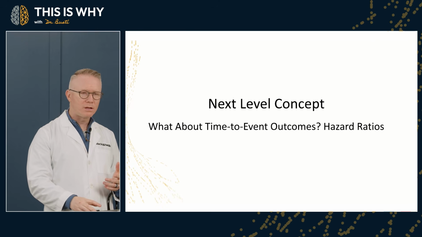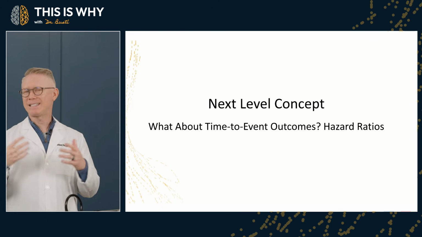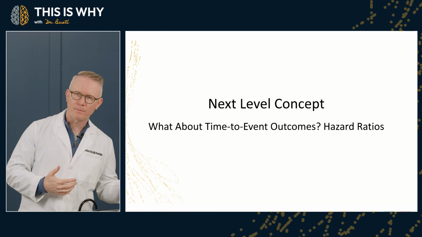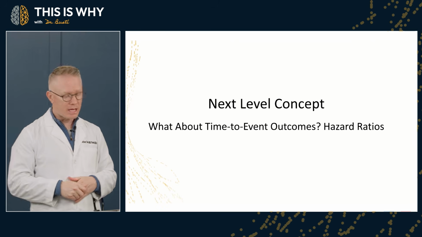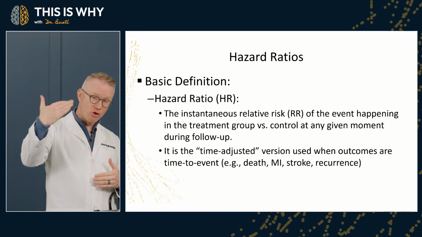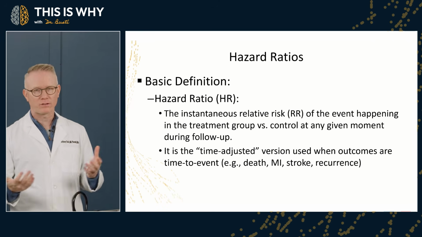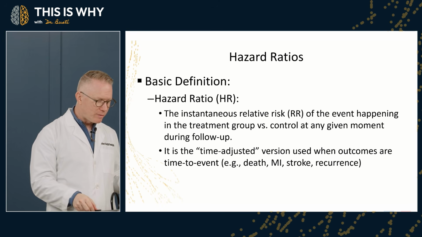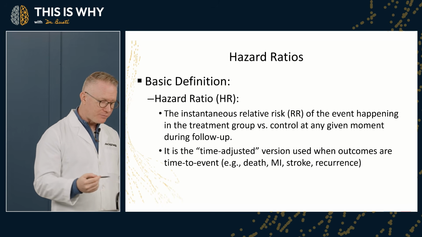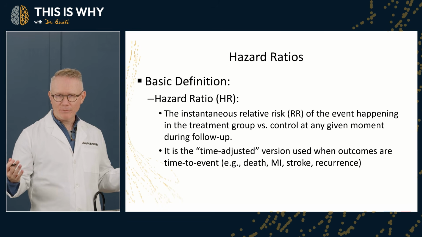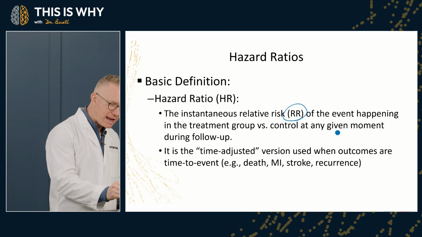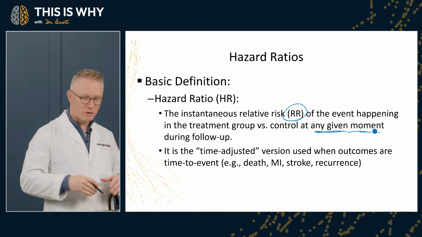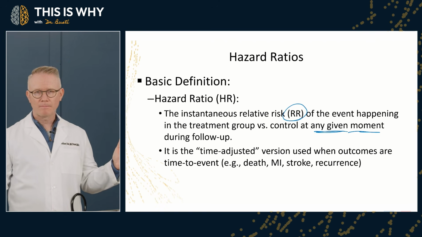Now, what about when you have a time to an event or outcome? And that's where hazard ratios come in. Okay, again, a ratio still having a numerator and denominator, but now we're factoring in a treatment group versus a control group from a time frame perspective, right? So relative risk is at any given moment during the follow-up, right?